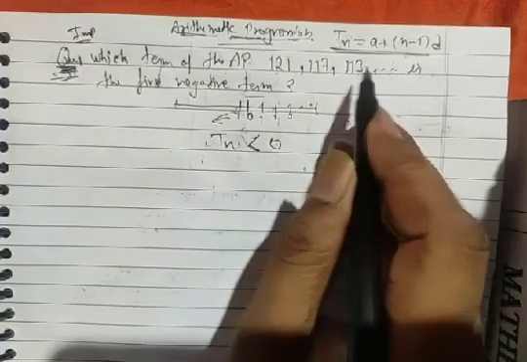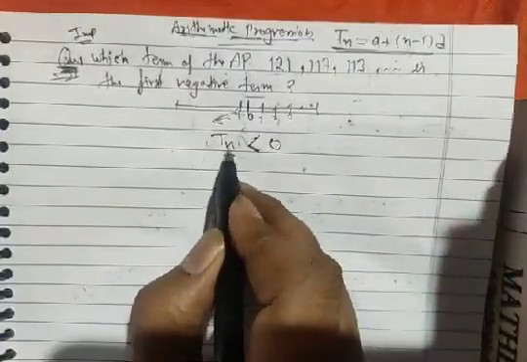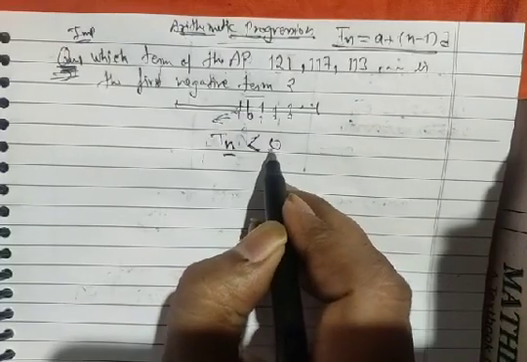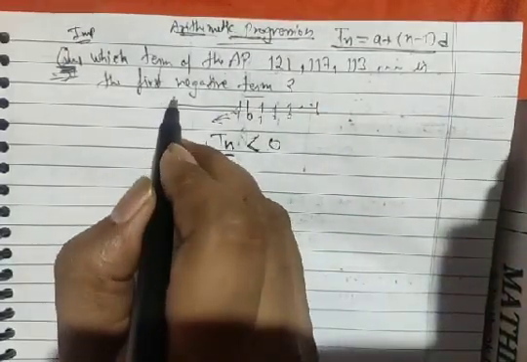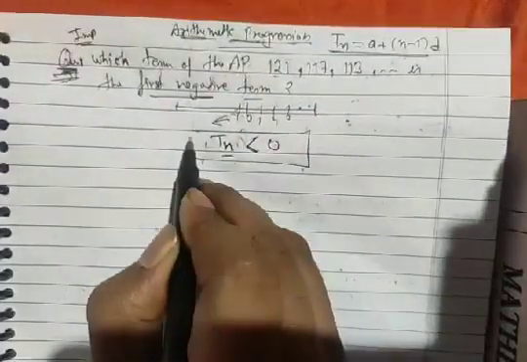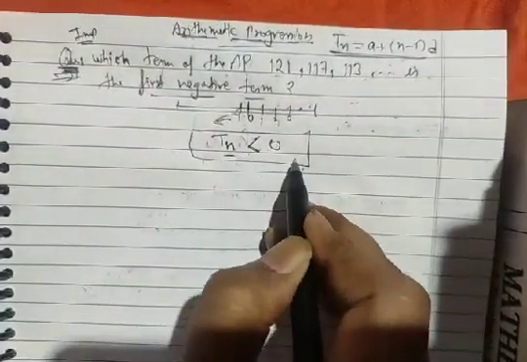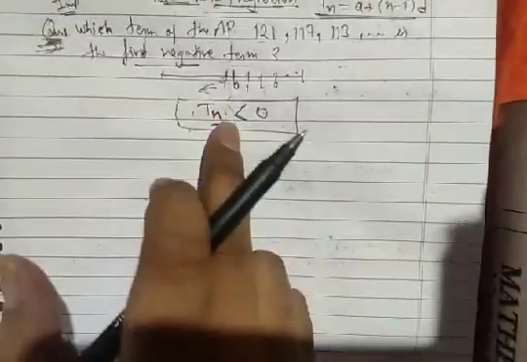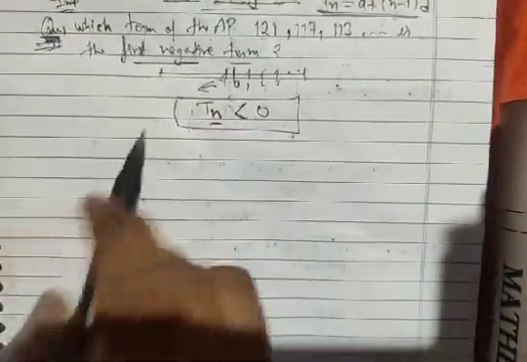Let's suppose the nth term is the first negative term. In any problem where we have to find the first negative term, we start by taking our general term less than 0.